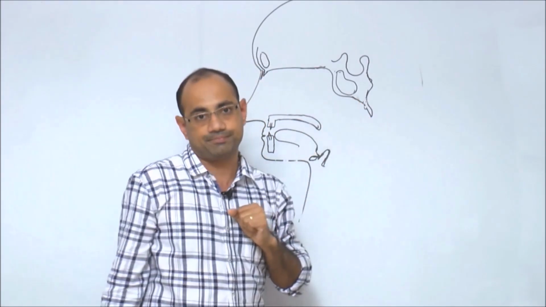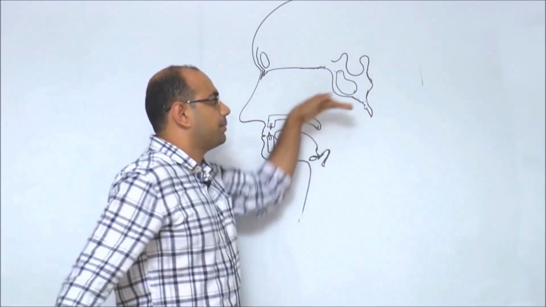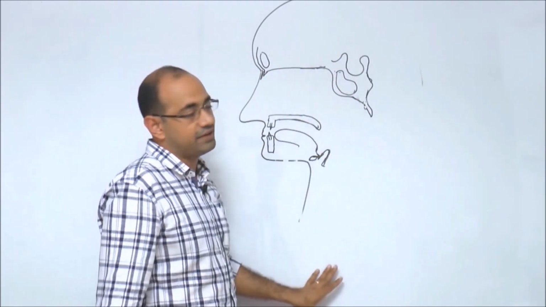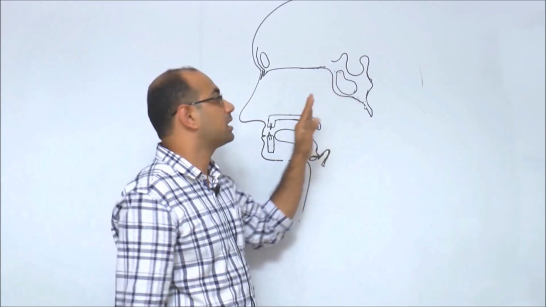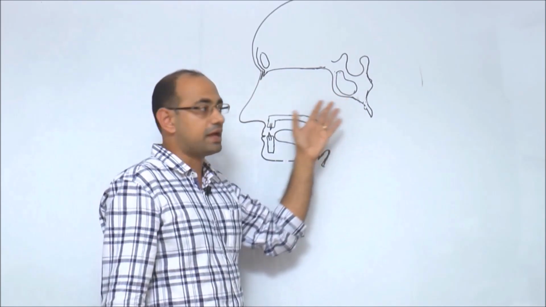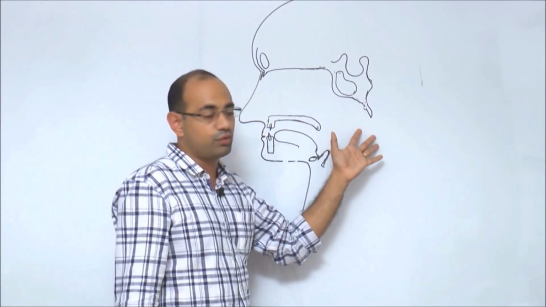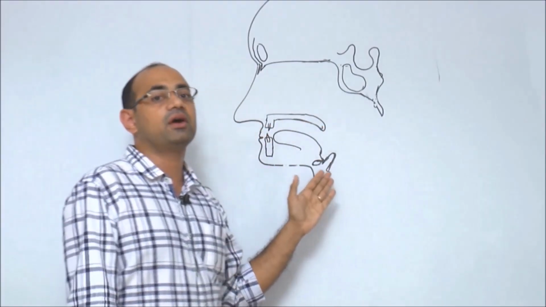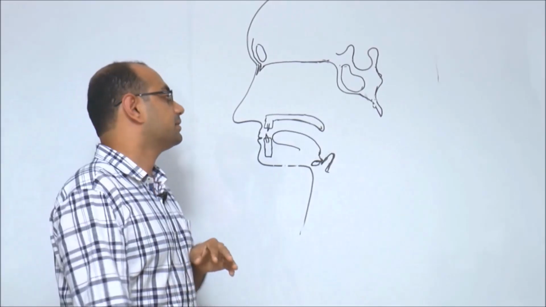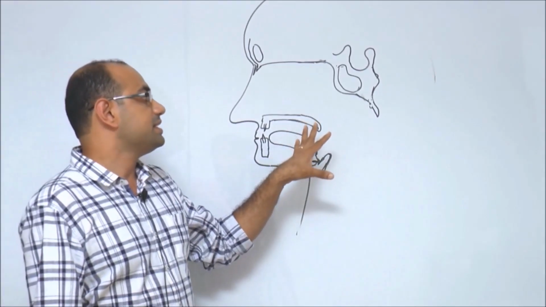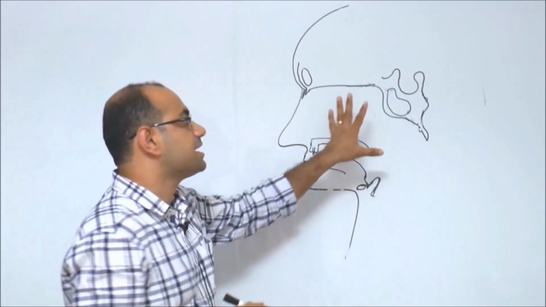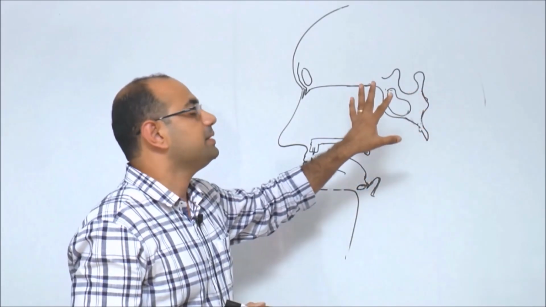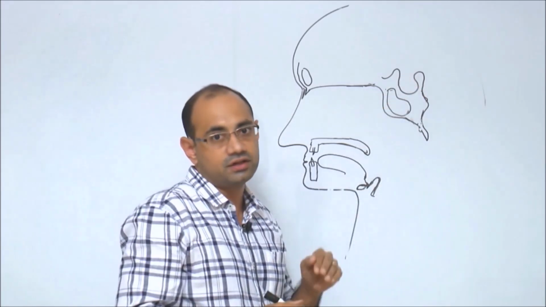This area is forming the roof of the pharynx. Now the pharynx can be divided into three parts: behind the nose, nasopharynx; behind the oral cavity, oropharynx; behind the larynx, laryngopharynx. Okay, so we have to see what are the structures in each of these. With this general outline, we will be seeing the different parts of the pharynx.